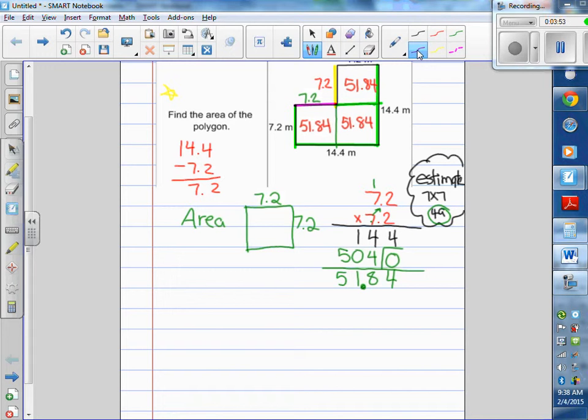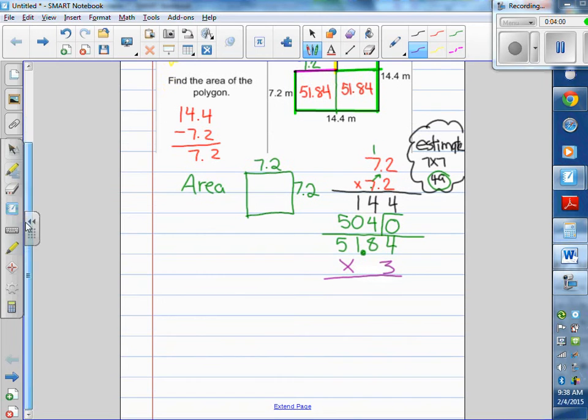So if you triple that, three times 4 is 12. Carry the 1. 3 times 8 is 24. Plus 1 is 25. Carry the 1. 3 times 1 is 3. Plus 2 is 5. 3 times 5 is 15. And if we estimate, 50 times 3 is 150.